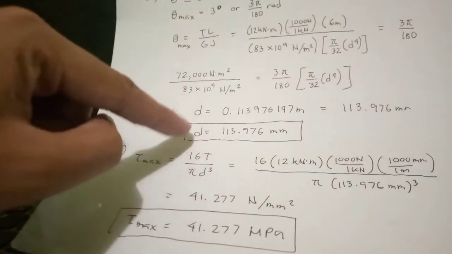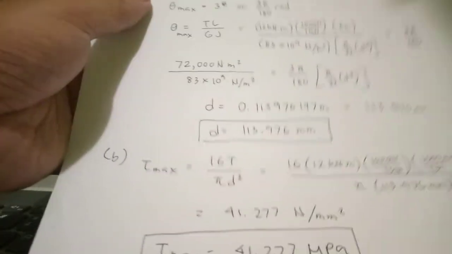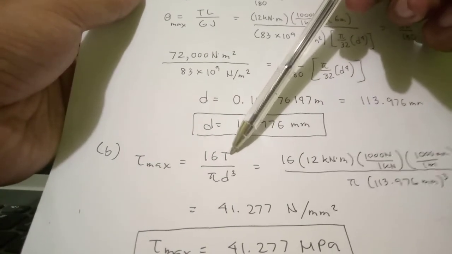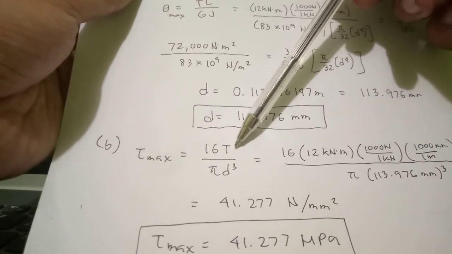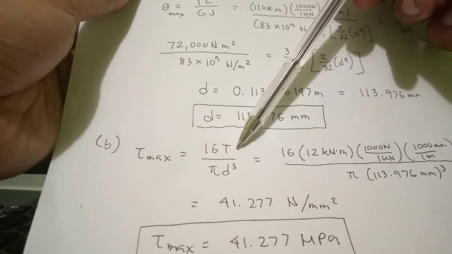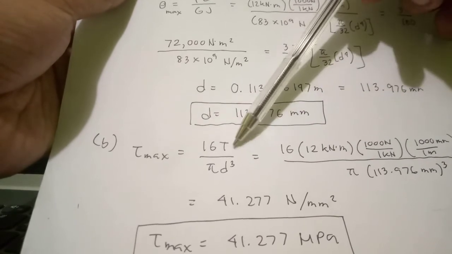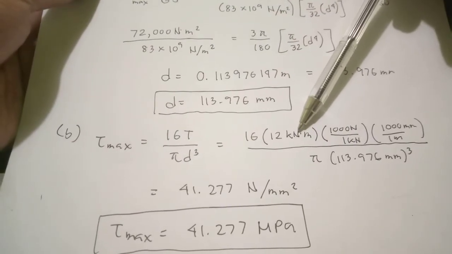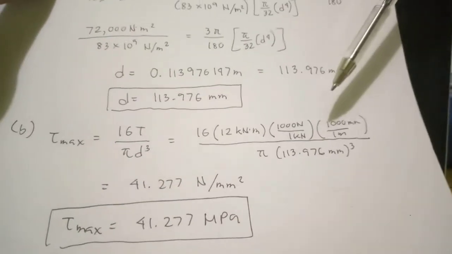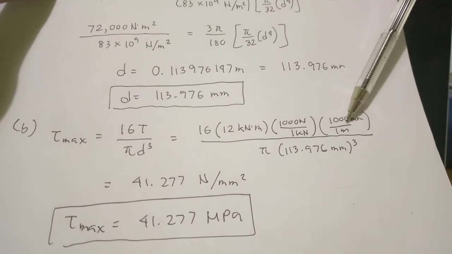Okay, now that we have D, we can already compute the maximum shear stress. Remember this formula again, 16T over pi D cubed. This is good for a solid shaft. Then we still convert your kilonewton meter. This time I converted into newton millimeter.